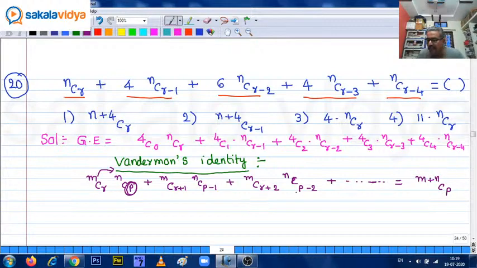Using this Vandermonde's identity, here n is added to 4 and we take r. So the given expression becomes n plus 4 Cr. That's all. That's why the first option is the right option.